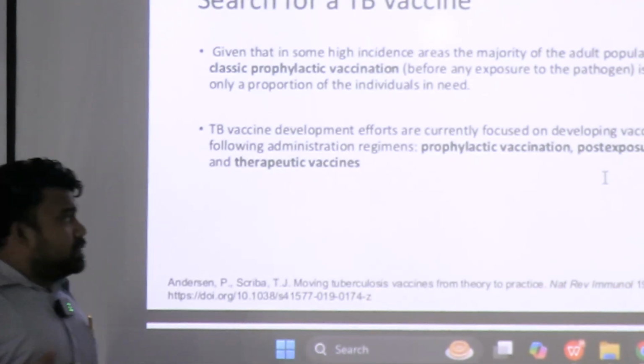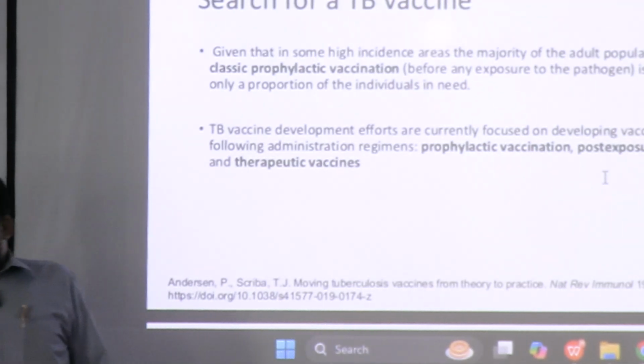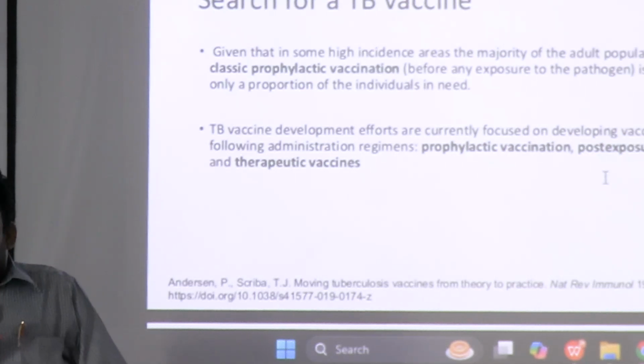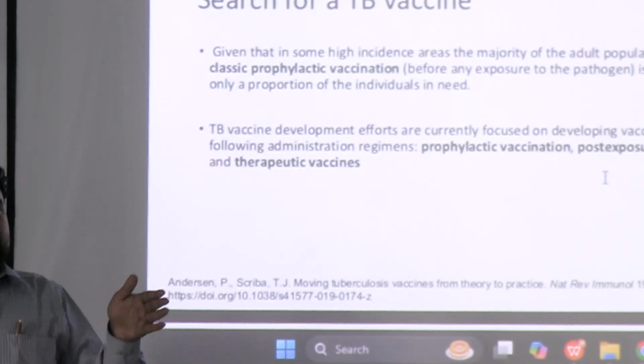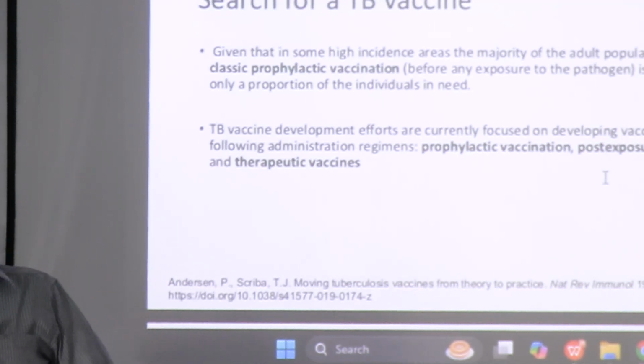Another way is called a post-exposure vaccine. What is this type of vaccine? Suppose you get infected but still don't have the disease, that is, you are in the incubation period. If I give you the vaccine, I can protect you from getting the disease. This is called a post-exposure vaccine. Like the chickenpox vaccine can be used.